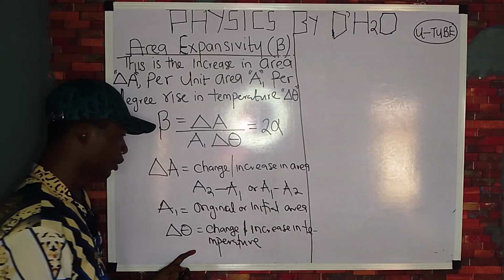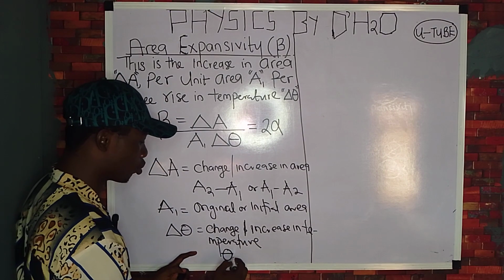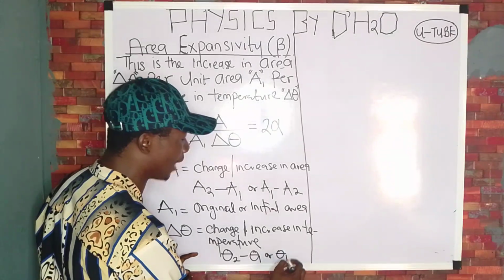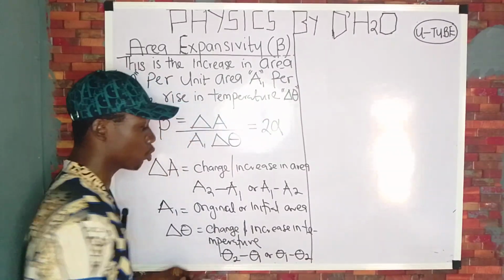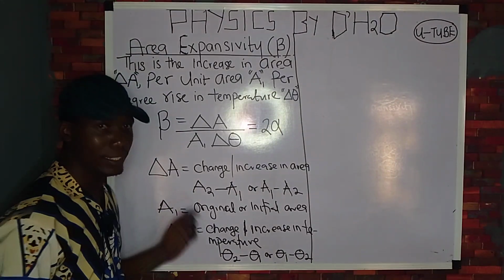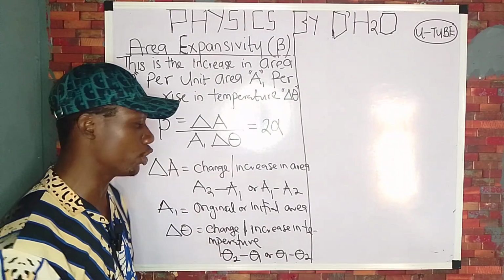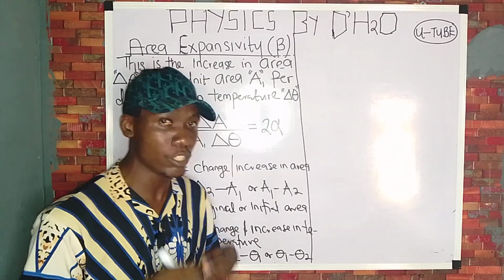Your increase in temperature is theta 2 minus theta 1 or theta 1 minus theta 2. So as it is for area, that's how it is for temperature. So there's either a rise in temperature or a fall in temperature.